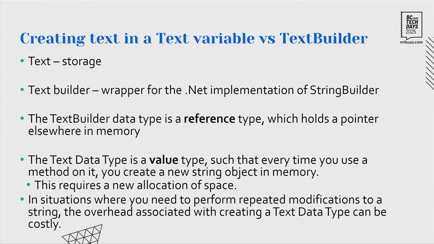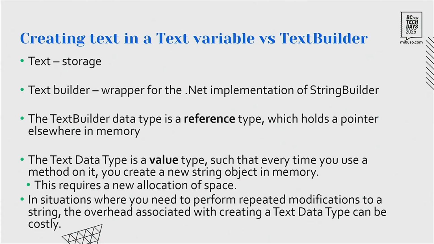So text builder is a wrapper inside of .NET. But text variable, you can still use it for storage of text when you already crafted some text and so on. But text builder, that's data type by the reference. So similar to what we did with the var in front of the record and without.